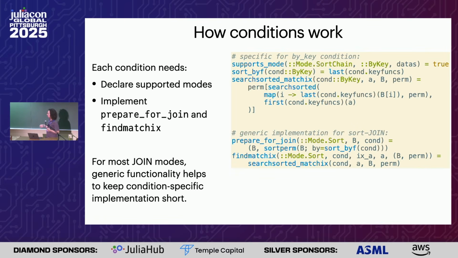Here's an example for sort mode, and for sort mode there are some convenience functions that are generic for all conditions. So the bottom two functions don't need to be implemented for every condition. Generally, it's a very short implementation. There is nothing really tricky about it. The function names can be improved. They were just created first, and I didn't want to break stuff afterwards.